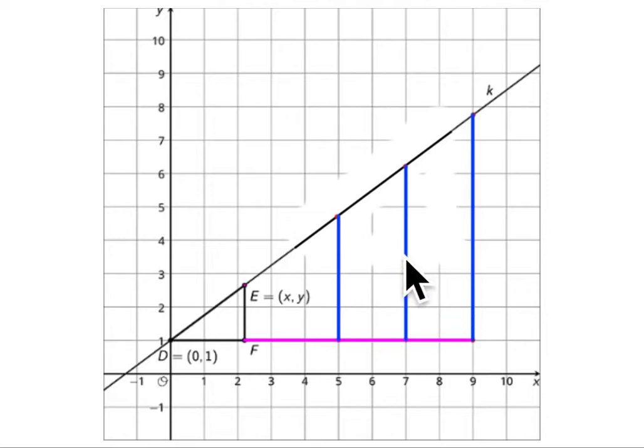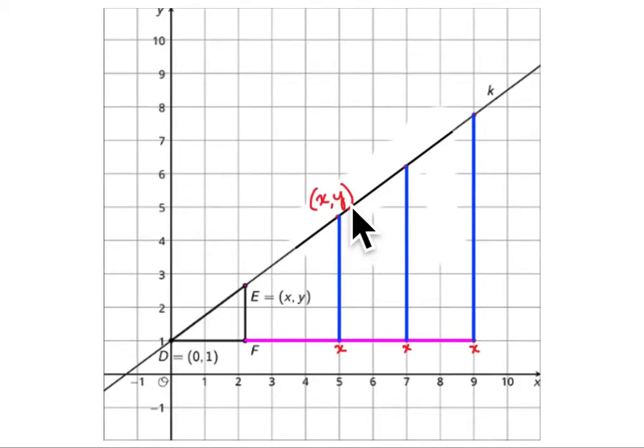So for a moment, I just want to get rid of this triangle and show you that this vertical length has to be written as y minus 1. You have to get rid of this 1 unit because this is moved up 1 unit along the y-axis. So you have to subtract that 1 unit to figure out what the vertical length is.